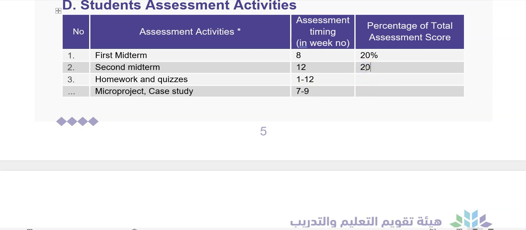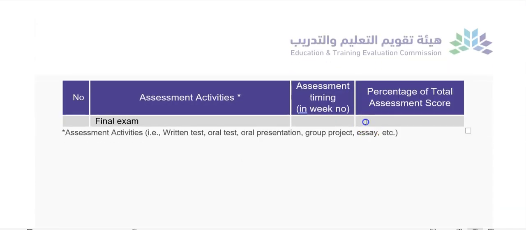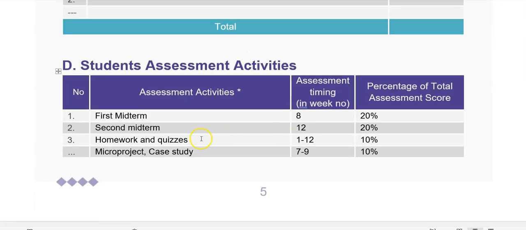We have 20% here. We have 10% here. We have 10% here. We have now 60 and 40 for the final, and the final, for example, 16th week. So we have now all the assessment activities, timing, and percentage, which is good.